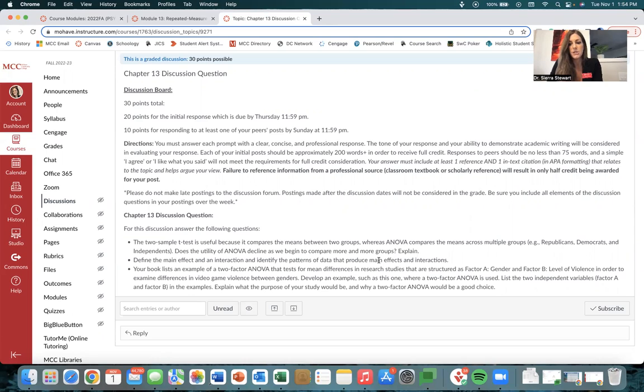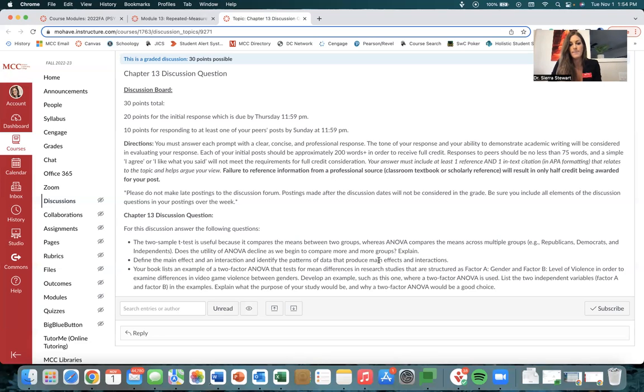You're going to list the two independent variables, and then the other variables that you're going to be using as well. Instead of gender and violence in video games, what else do you think you could use an ANOVA for? There are so many different things you could select. Nothing's a wrong answer as long as you can justify how you would measure it. Then you'll explain what the purpose of your study would be, and why a two-factor ANOVA would be a good choice.